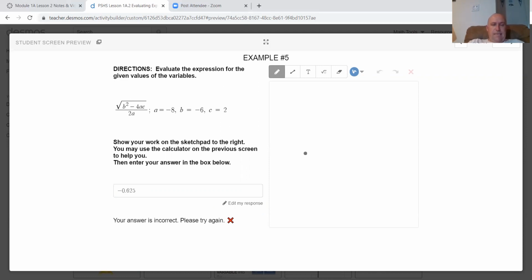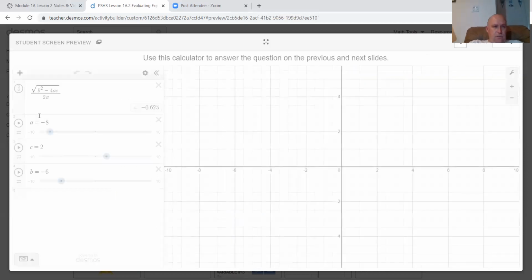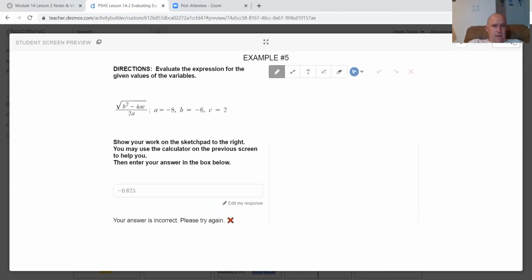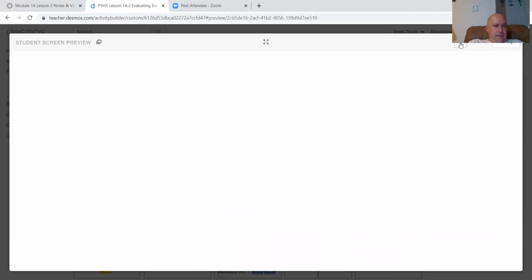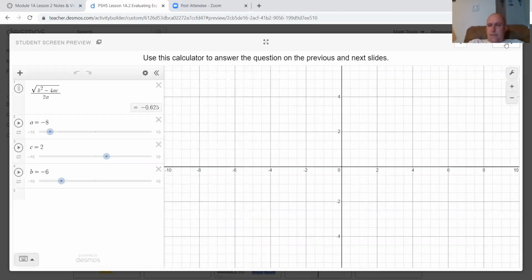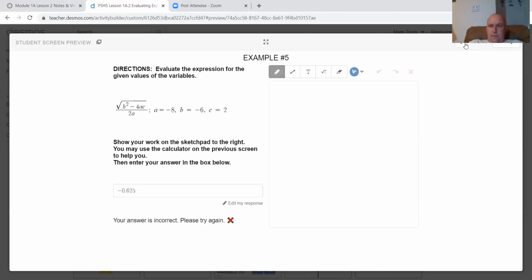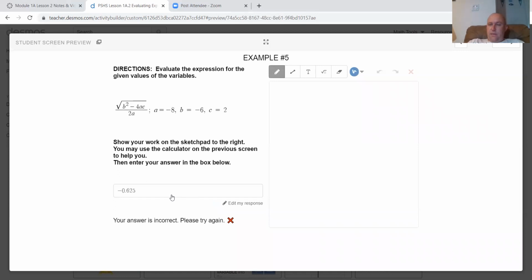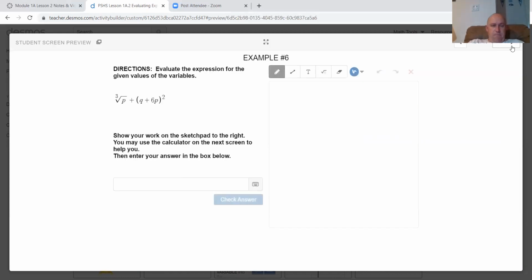Wrong answer. Just do one last quick check just to make sure. Square root of b squared minus 4ac all divided by 2a. That's good. A is -8, b is -6, and c is +2. I am going to suggest the person that created this has made a mistake, and we'll make sure that gets fixed before you guys try this, okay?